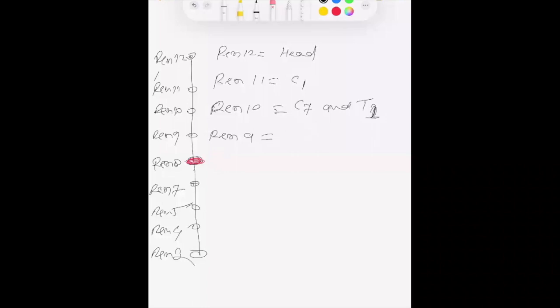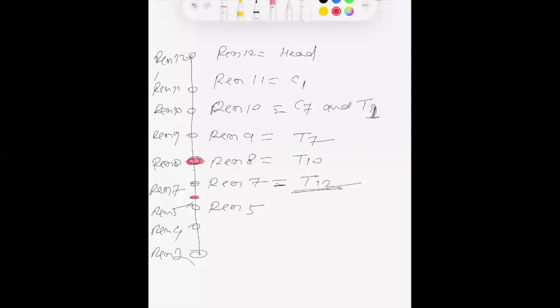Then REN 9 is thoracic 7. Umbilical or REN 8 is thoracic 10. REN 7 is thoracic 12. So the thoracic vertebrae end at REN 7.